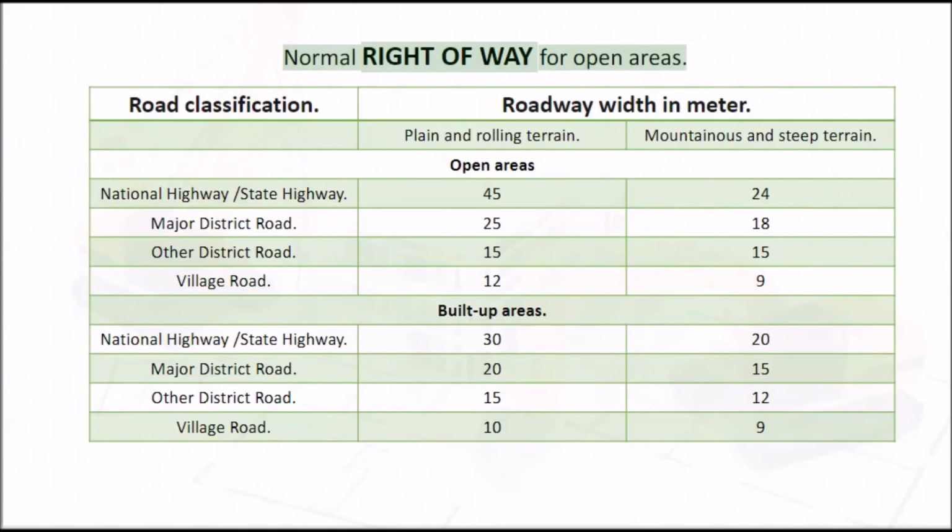Normal right-of-way for open areas. Road classification, roadway width in meter: plain and rolling terrain, mountainous and steep terrain. Open areas.